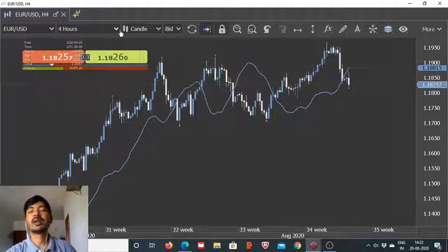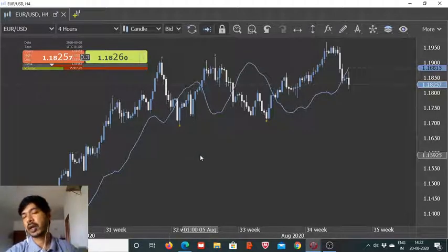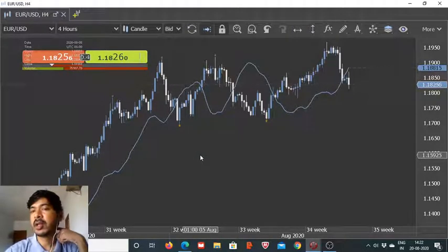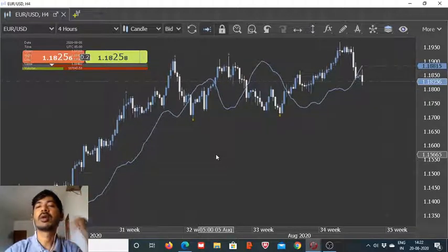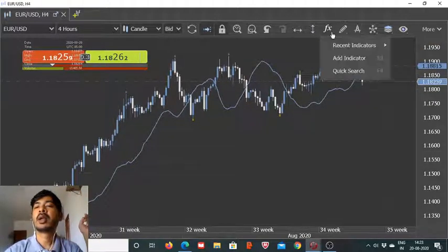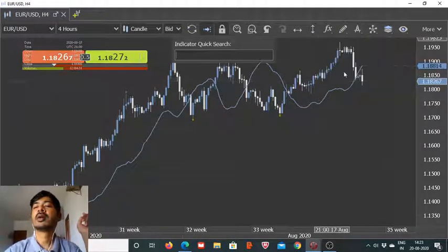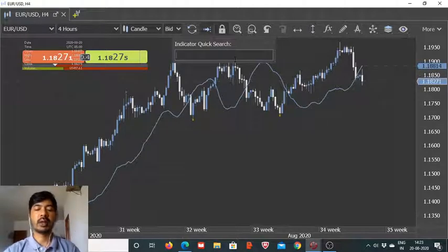The best case scenario is that you also use another indicator in conjunction with the linear regression intercept, or you can even use multiple linear regression intercept indicators with different time periods, and then you can do the crossover analysis or even comparison analysis.